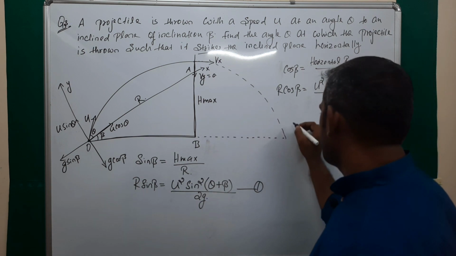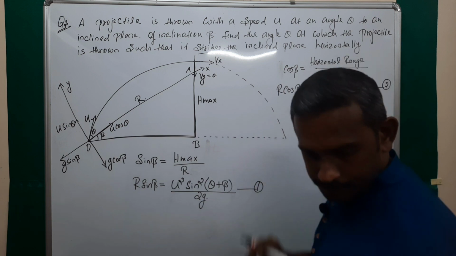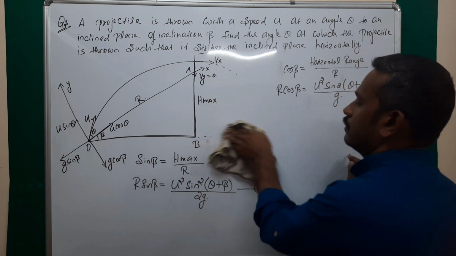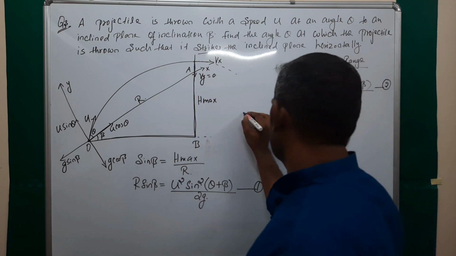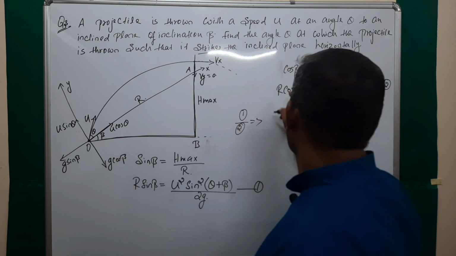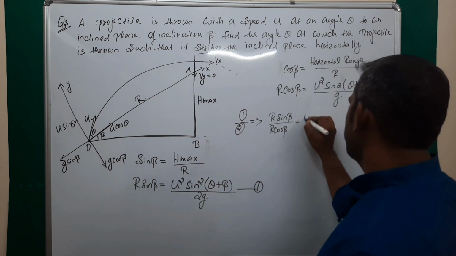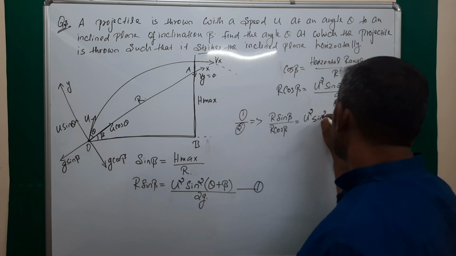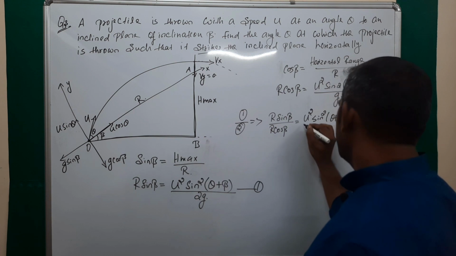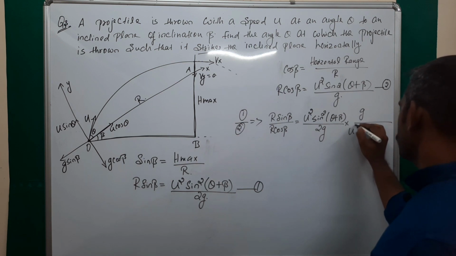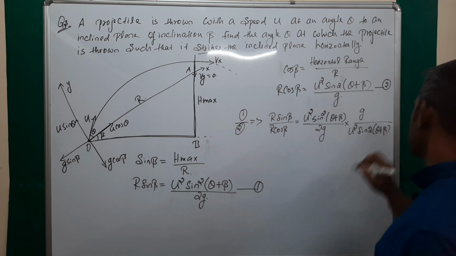So equation 1 divided by 2 implies R sin beta divided by R cos beta is equal to u square sin square theta plus beta divided by 2g, into the reciprocal, g divided by u square sin 2 of theta plus beta.